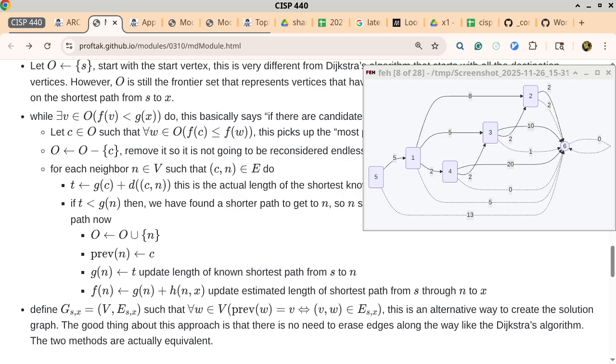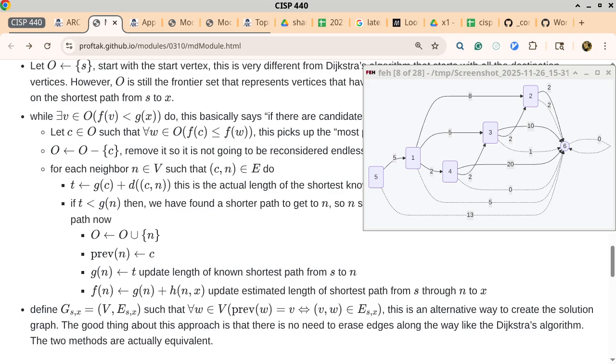You have to remember what the f value is representing. It is representing the length of a path from the start vertex through vertex v to the destination. In other words, it is an estimated length of a path between the start and the destination.